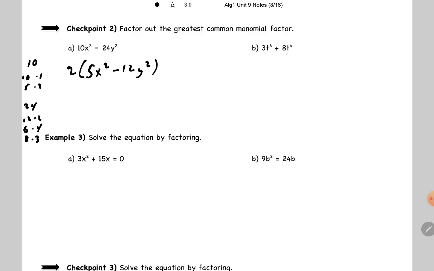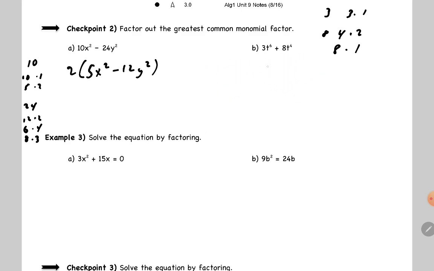Okay, so let's look at what these guys share. 3 and 8. If I look at factors of 3, I'll get 3 and 1. If I look at 8, I'll get 4 and 2 and 8 and 1. So their biggest factor is 1, but we can't pull out a 1, because that's the same thing.